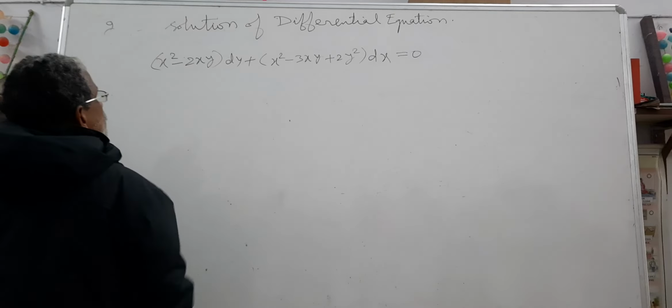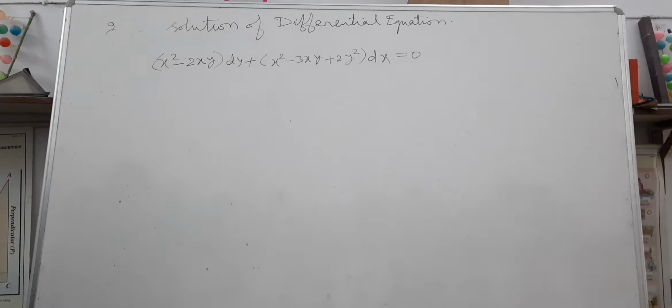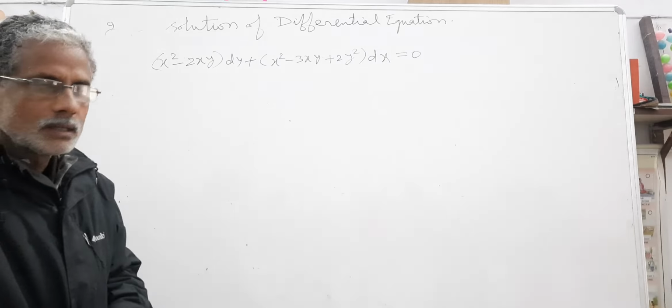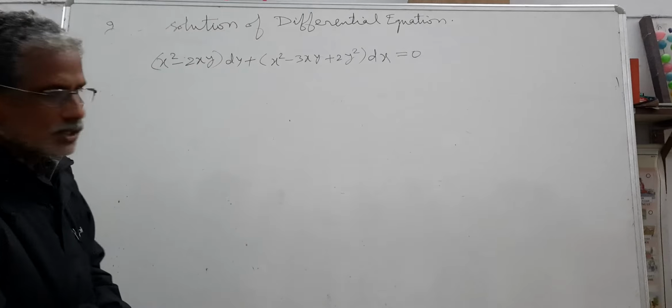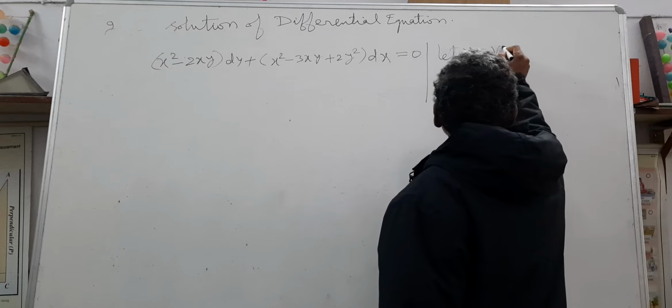So this is a homogeneous differential equation in which the combined power of x, y is always constant in each term. In the solution of such type, we always put y is equal to vx.